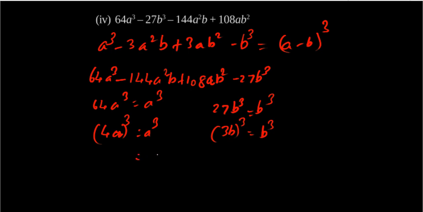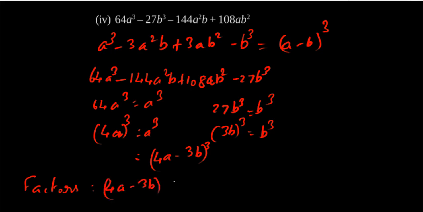This is nothing but 4a minus 3b the whole cube. So the factors are 4a minus 3b into 4a minus 3b into 4a minus 3b. Next problem.